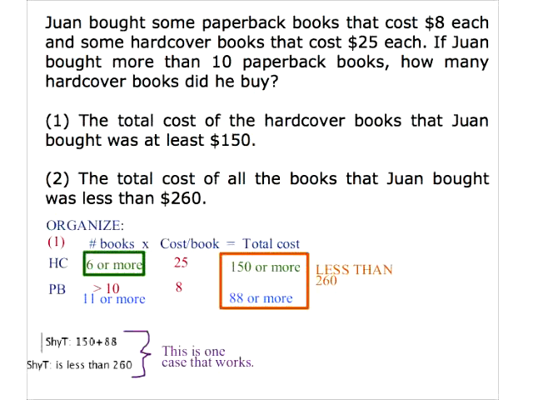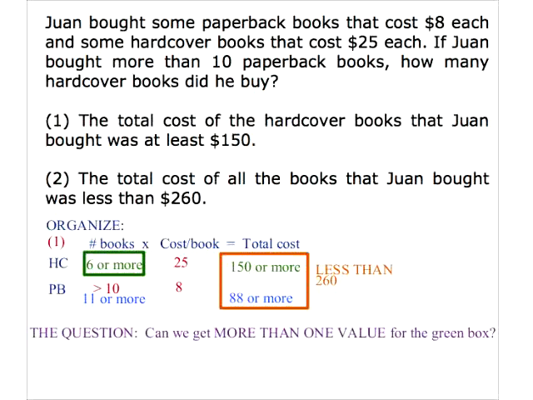You'll always get at least one case that works because in data sufficiency you don't have things with no solution. The issue is, is there one solution or is there more than one? The question here is, can we get more than one value for the number of hardcover books, which is the green box?